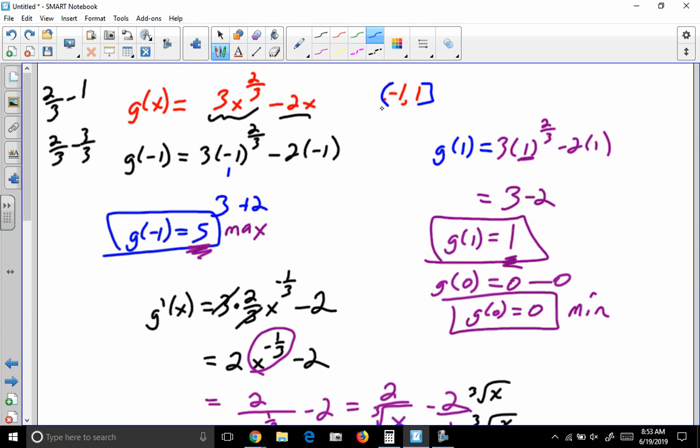We're getting really close to it, but we are including 1. Well, our minimum occurred at 0. We didn't take 0 away, so we still have a minimum there. Our maximum occurred when x is -1, but we don't include that point anymore. So in this case, there would be no maximum. Our minimum would still be at 0.